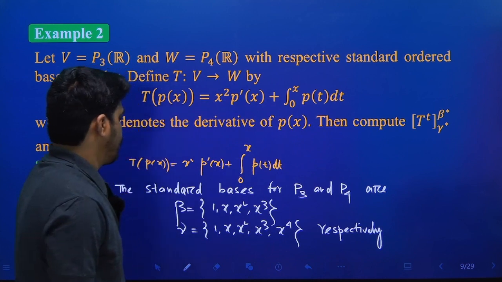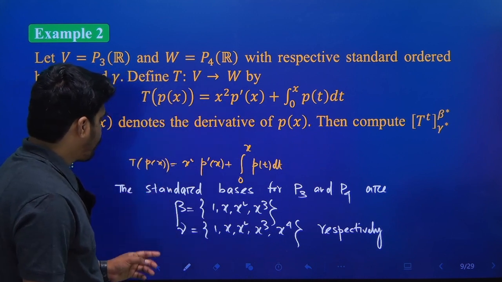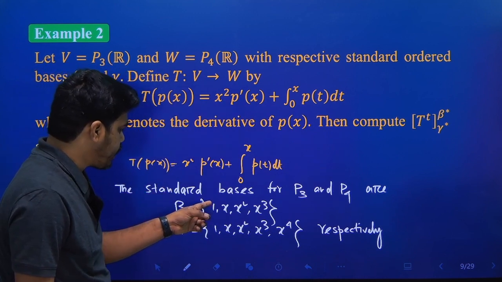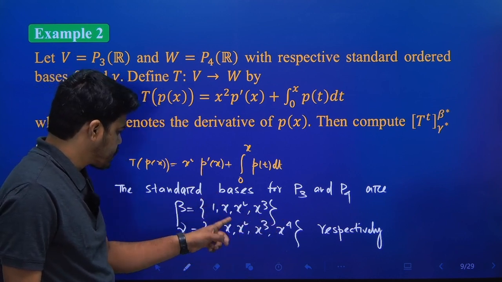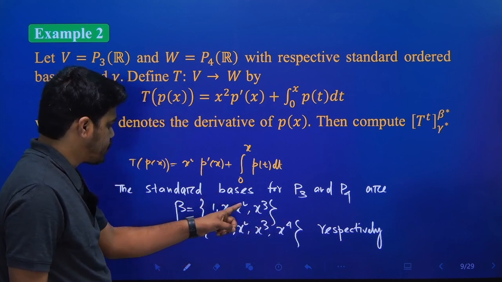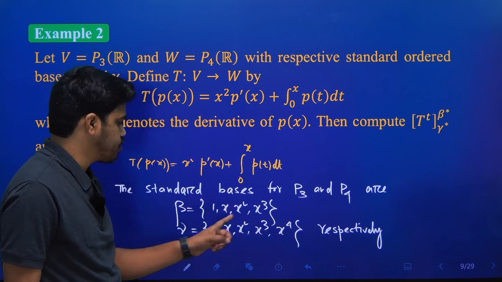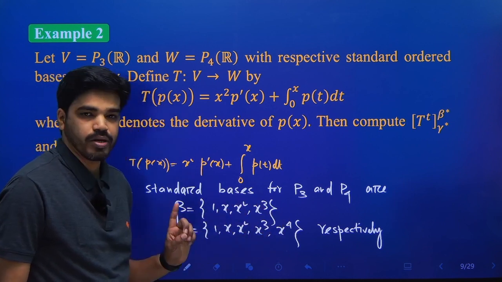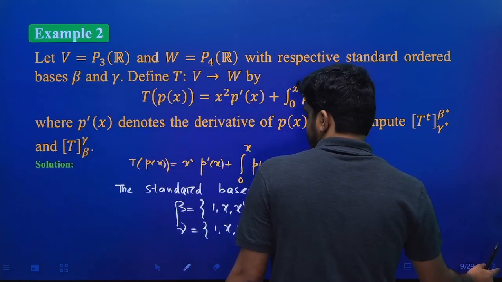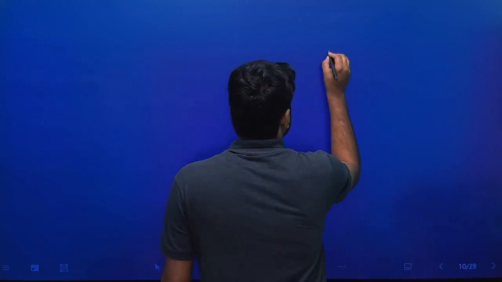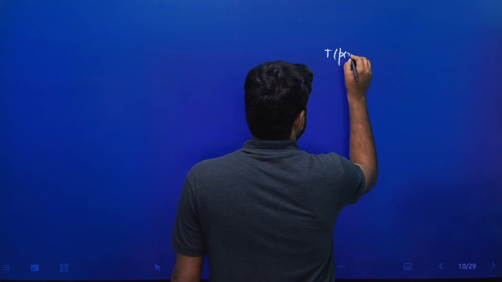Okay, so what is our target? T(1) কে আমি এদের লিনিয়ার কম্বিনেশনে এক্সপ্রেস করব, T(x) কে এদের লিনিয়ার কম্বিনেশনে এক্সপ্রেস করব, T(x স্কয়ার) কে এদের লিনিয়ার কম্বিনেশনে এক্সপ্রেস করব, T(x কিউব) কে এদের লিনিয়ার কম্বিনেশনে এক্সপ্রেস করতে হবে। So T(1), just see what is T(p(x))? T(p(x)) কে আমাদের কি করে ডিফাইন করা আছে?